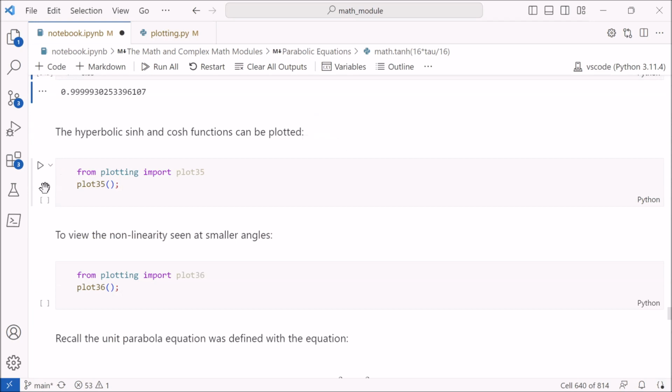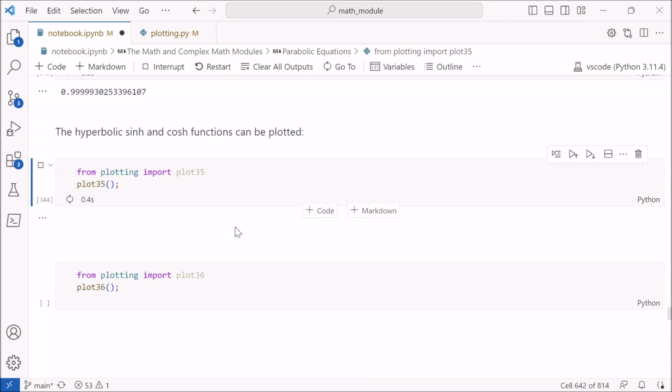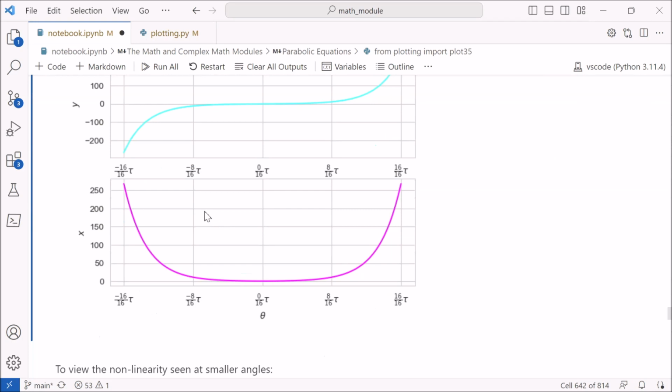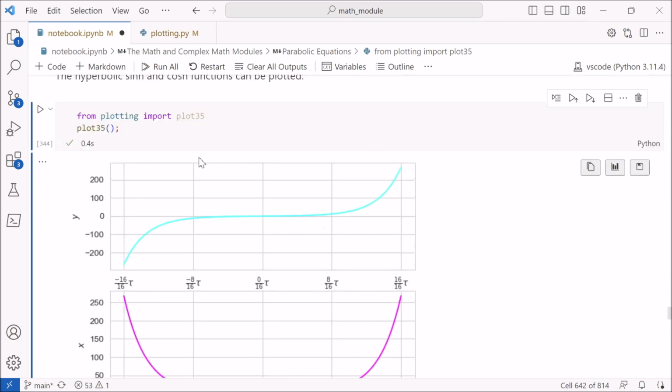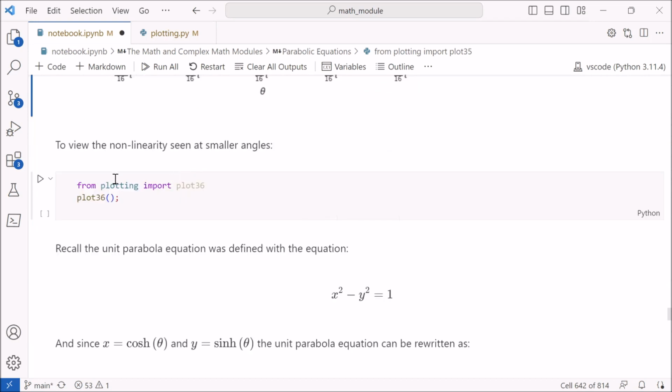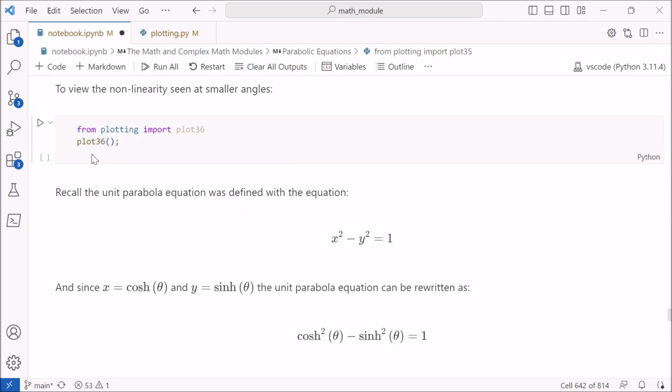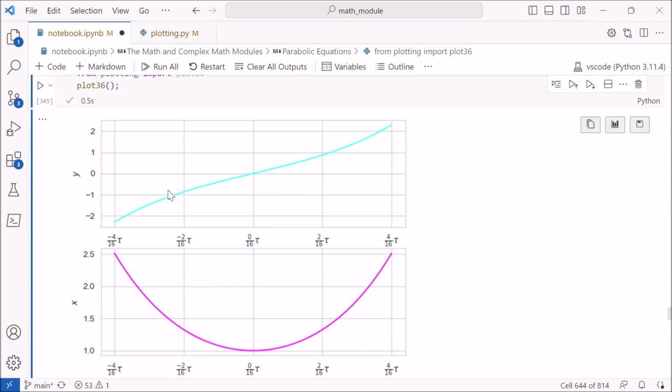So now that we've got an understanding of these, we can plot the functions. And they look like this. And to view the nonlinearity in more detail, we can examine the smaller angles. So it has this kind of form.